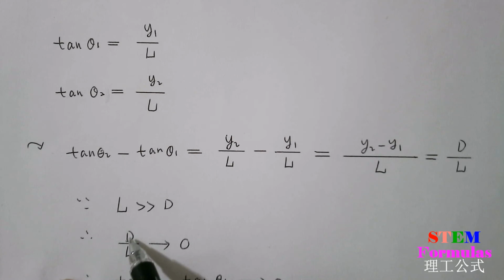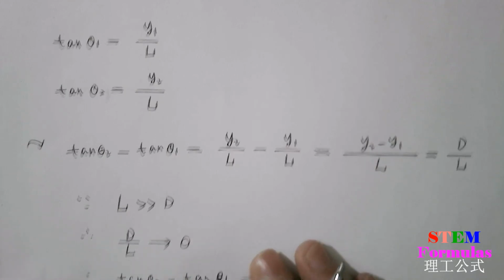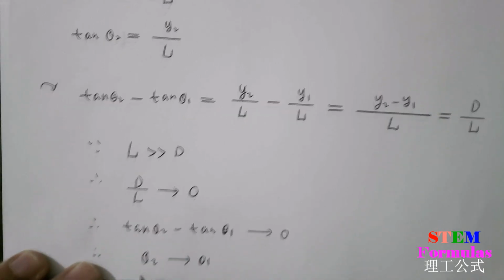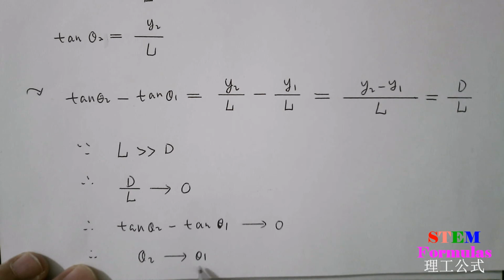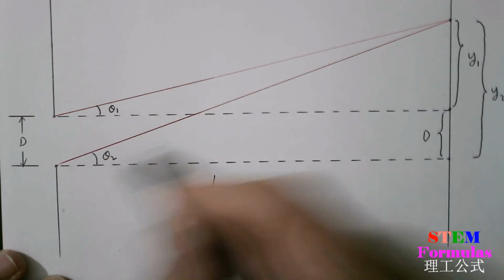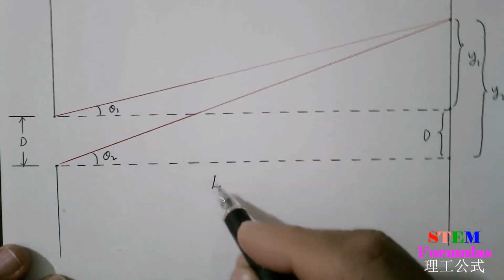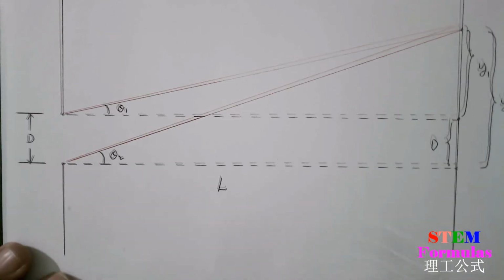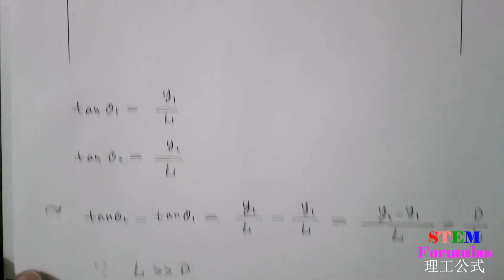Therefore, d divided by L approaches 0. Therefore, tangent theta 2 minus tangent theta 1 approaches 0. Therefore, theta 2 approaches theta 1. These two red lines are parallel as long as L is much greater than d. So here is the proof.